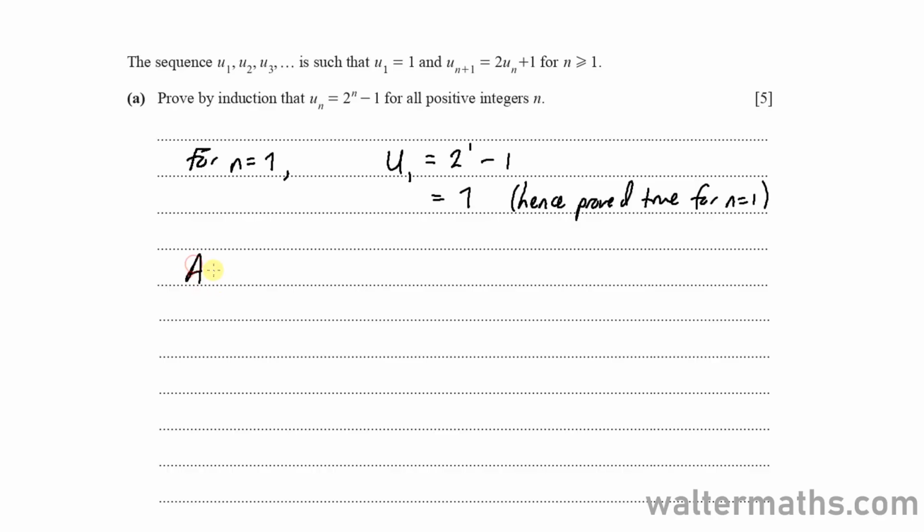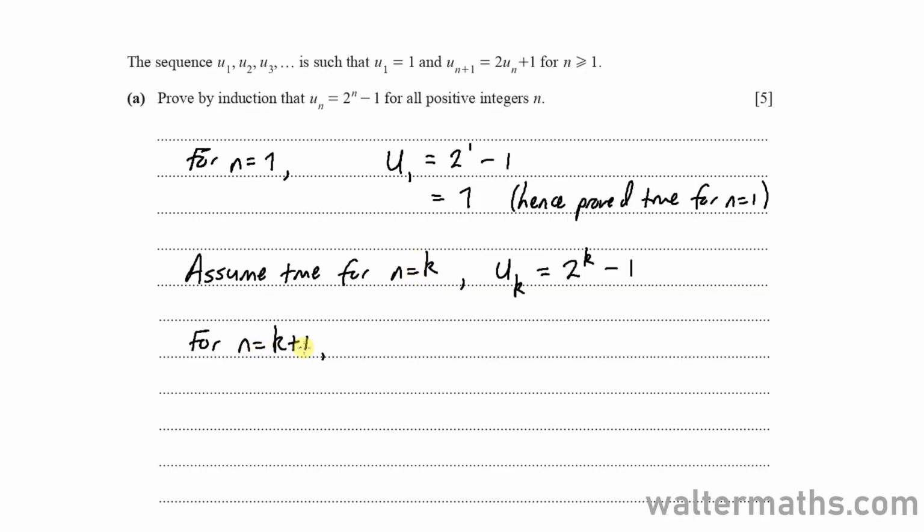Next, I'm going to assume true for n is equal to k. So that means that I'll be having u sub k being equal to 2 to the power of k minus 1. So then I go on to n is equal to k plus 1 to see if this is going to be true given that n is equal to k.